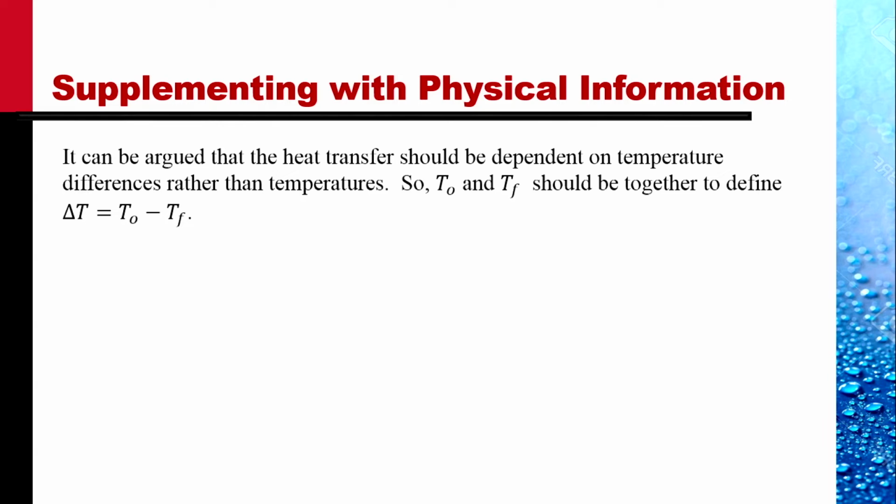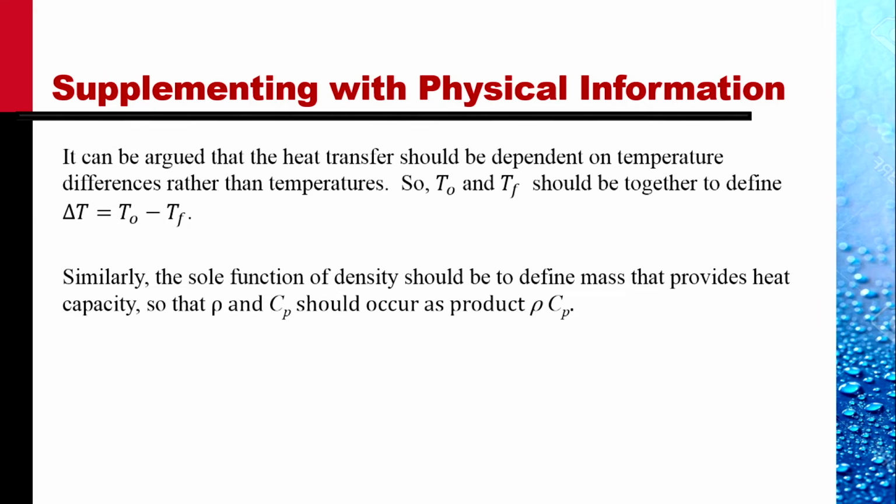Thus, number of independent parameters is reduced by 1, from T naught and Tf separately to a combination delta T. Similarly, the sole function of density should be to define mass that provides heat capacity, so that rho and Cp should occur as a product rho Cp, not independently.